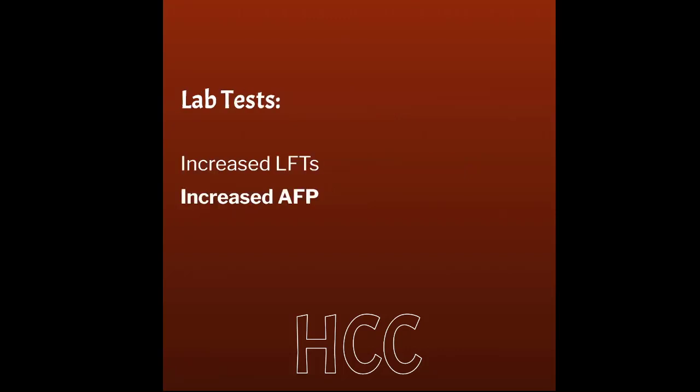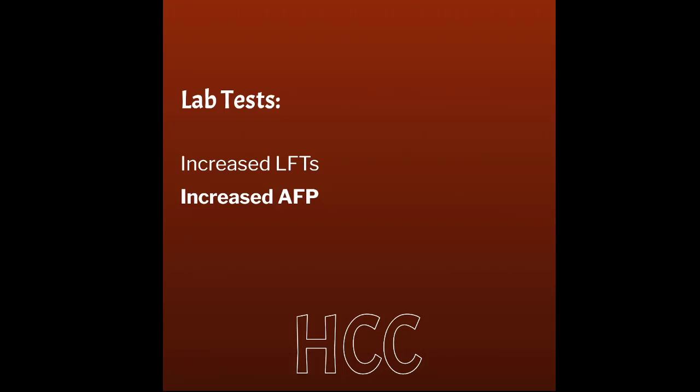With HCC, because it is affecting the liver and the way that the hepatocytes function, we're going to see an increase in LFTs. But the thing that you need to know about hepatocellular carcinoma is that AFP will also be increased. AFP stands for alpha-fetoprotein and is typically found in pregnant women in the early stages of pregnancy.